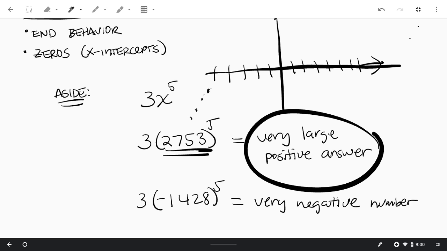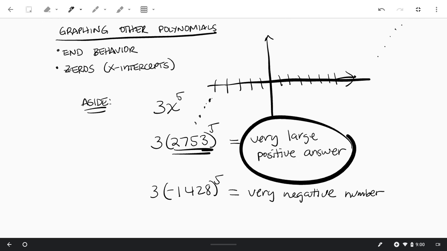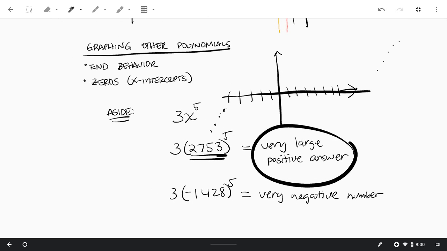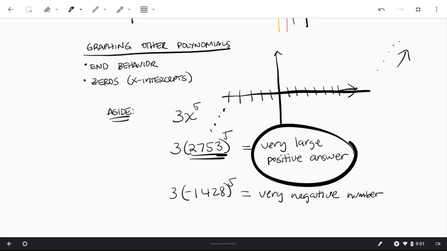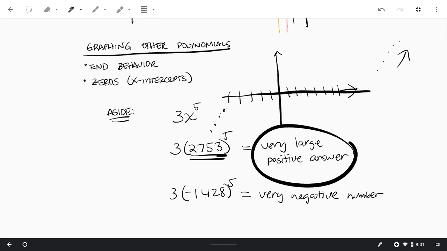This is what we mean by our end behavior. On the right-hand side, it would be going up: when we plug in these big positive numbers, we will also get big positive numbers. And when I plug in these very negative numbers, then we will also get very negative numbers. So we can expect the graph to behave like that.